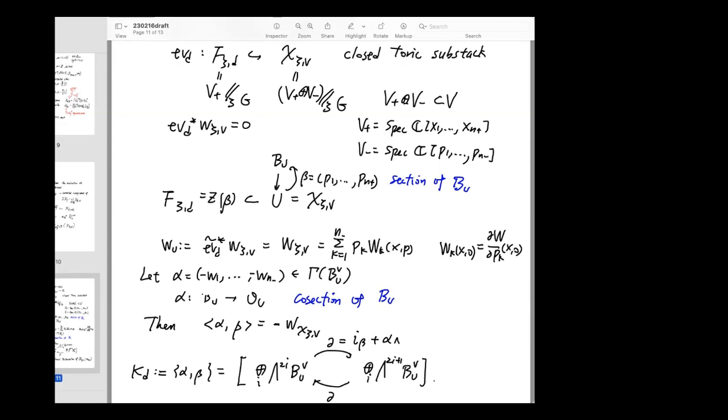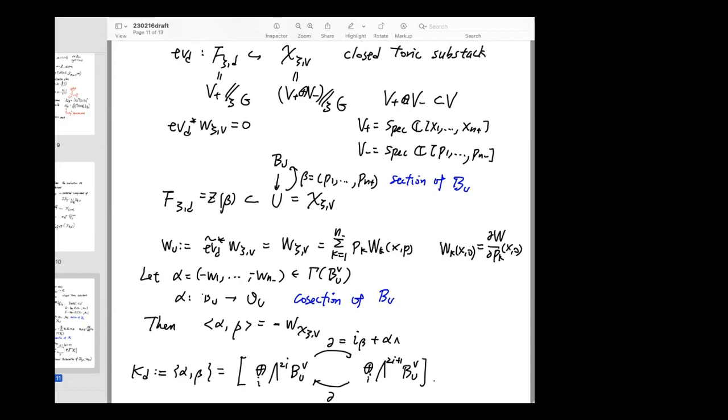In this case, we can just take U to be X, this component of the inertia stack. So basically the extended evaluation map will just be the identity map from X_V to itself.